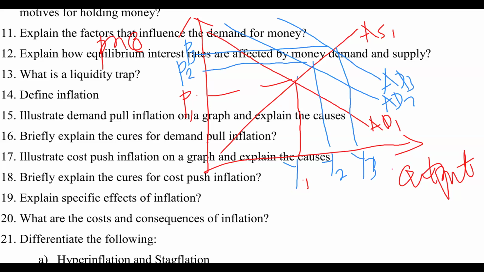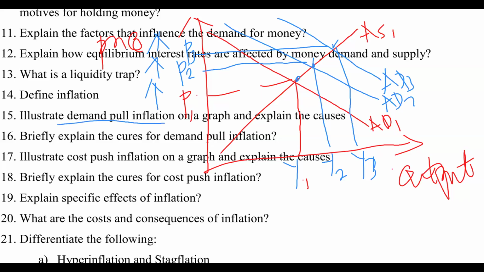So the message we are sending is that as aggregate demand is increasing, the general price level is also increasing, causing the overall and persistent increase in the general price level. And this is what you call demand pull inflation.